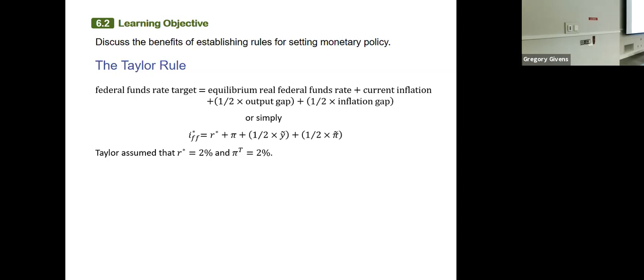So you see what this monetary policy rule does. It allows the central bank to respond to changes in inflation and the output gap over time, but in a systematic way. As inflation rises, the policy rate should increase in a contractionary manner. As the output gap falls, the policy rate should fall in an expansionary manner.